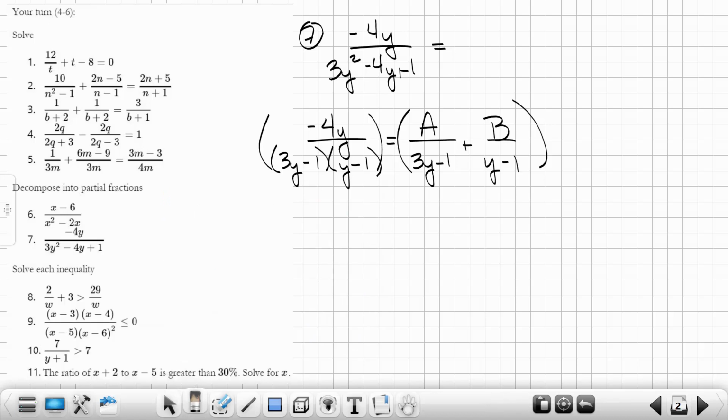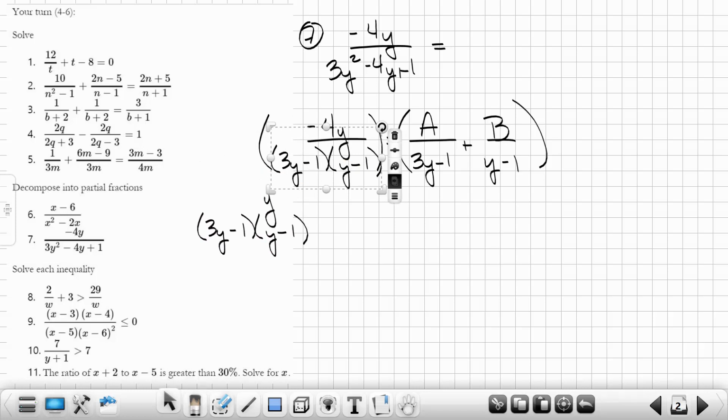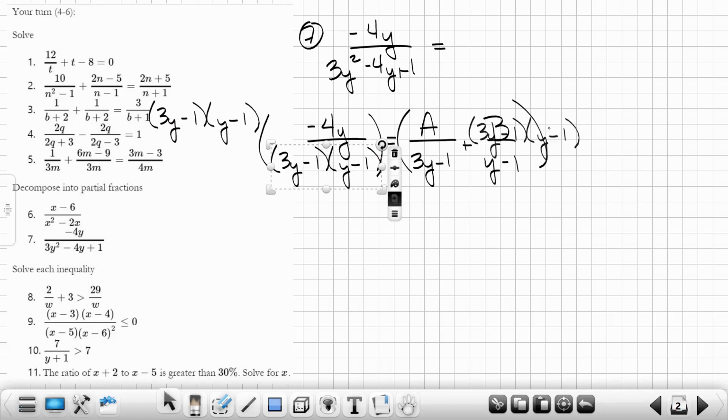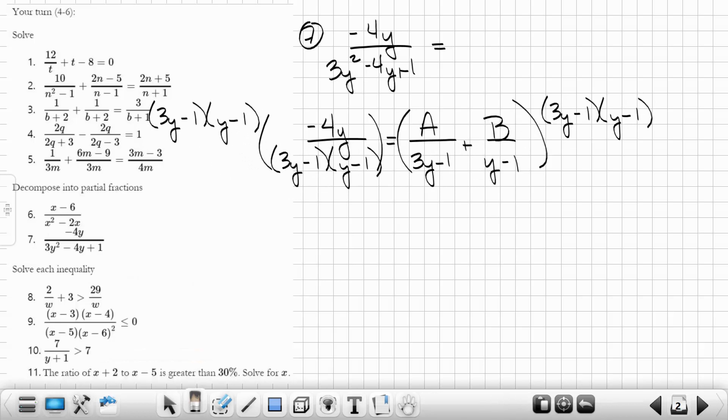Okay. So I'm going to multiply by this denominator. So I get -4y is equal to a times y minus 1 plus b times 3y minus 1.